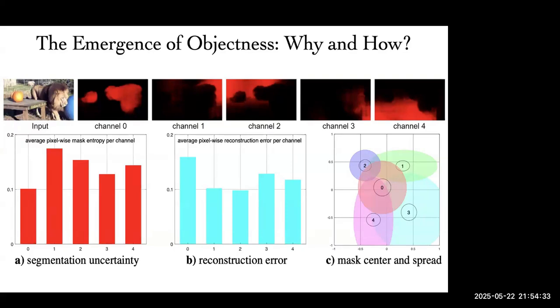But if you look at individual videos, they have a fixed cam looking at the chicken coop, and the animals could scatter around along the boundary. So statistically, there appears to be a center bias. Now, the outcome of this is that I can find out which channel has objectness by looking at either A or B, the segmentation uncertainty or reconstruction error.